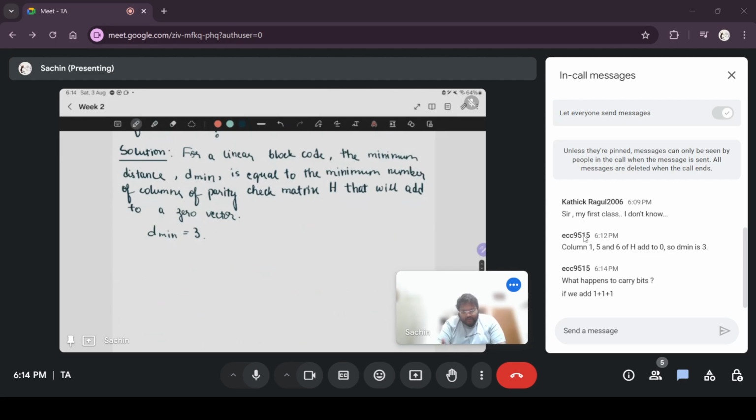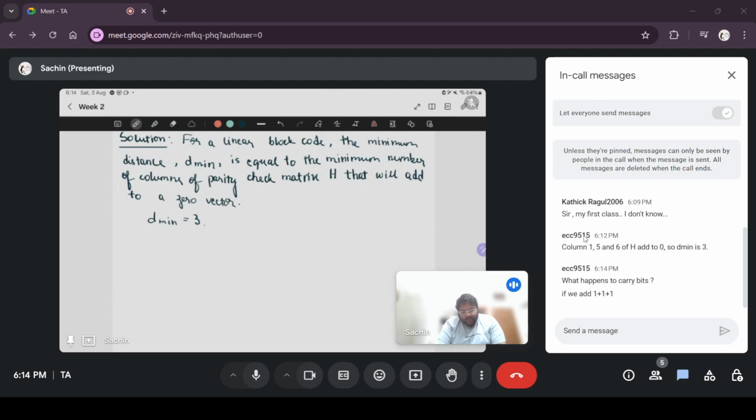The other thing you need to know is that a code with minimum distance d min will be able to detect d min minus 1 errors.